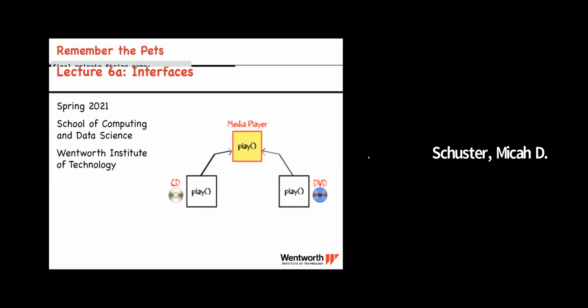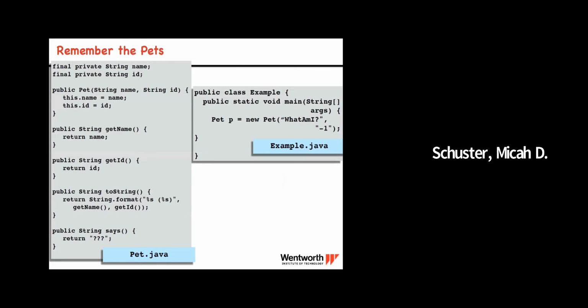So let's go back and think about the pet class. Now, we had this issue initially where pet was just a concrete class, and a few things didn't make sense. Stuff like creating a new pet object. That's not really something that we ever wanted to do.